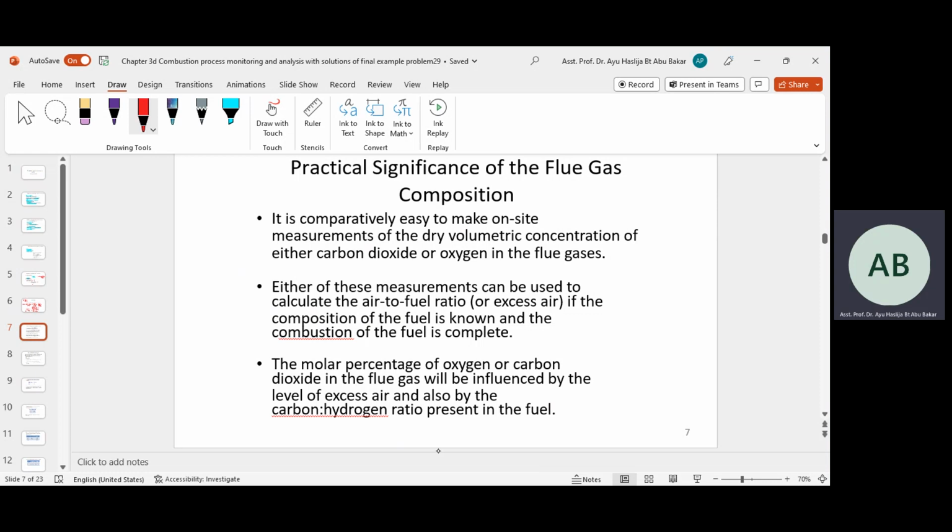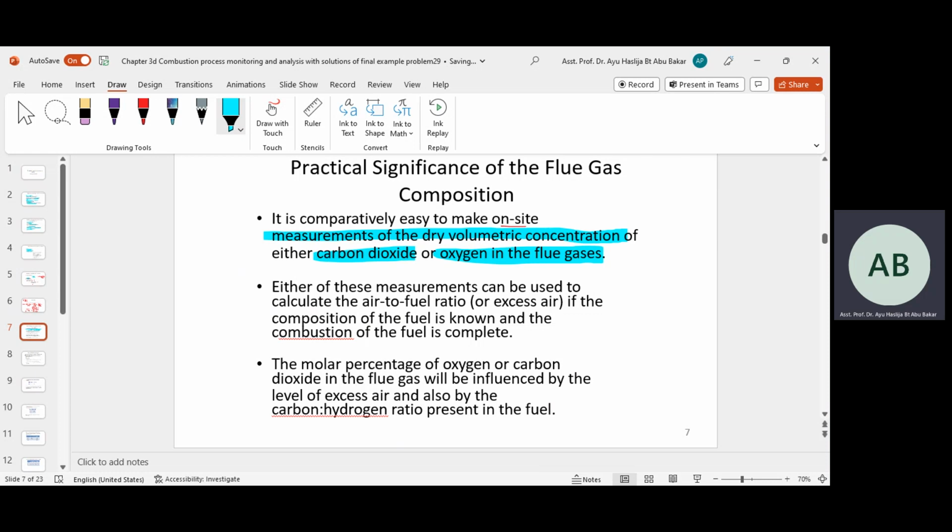On-site, it is always measured on a dry basis, because the measurement is of the dry volumetric concentration, either CO2 or oxygen, in the flue gases. You will have a gas analyzer.